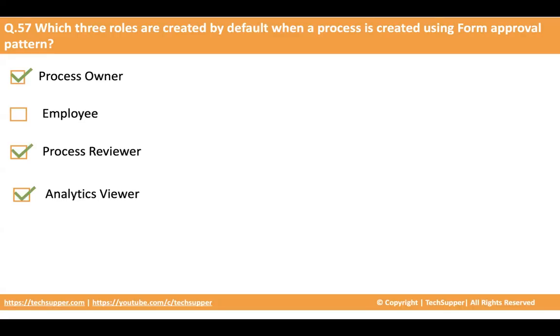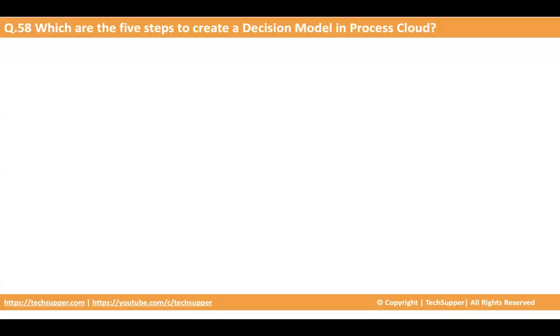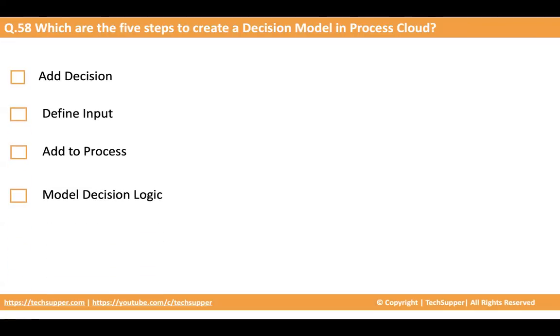Okay, let's get into the next question. The next question is, which are the 5 steps to create a decision model in your Process Cloud? So when you create a decision model, you have to follow some steps. Which are the 5 steps that you have to follow? Let's look at the options. The options are add decision, define input, add to process, model decision logic, test your decisions, and create a service.